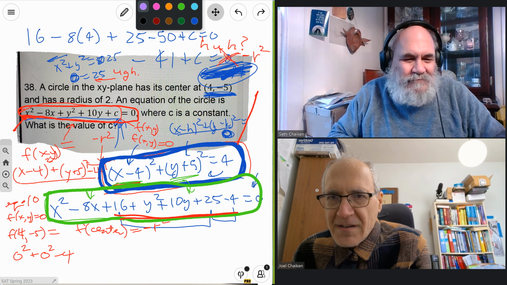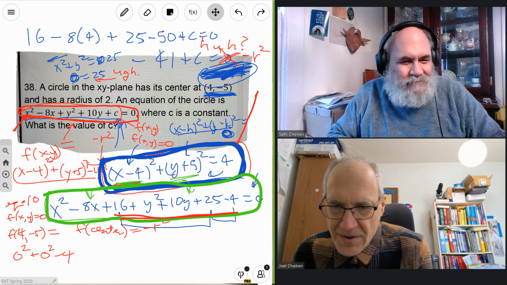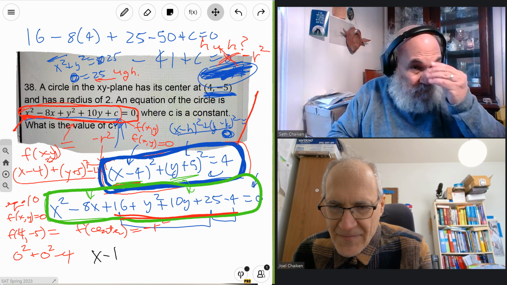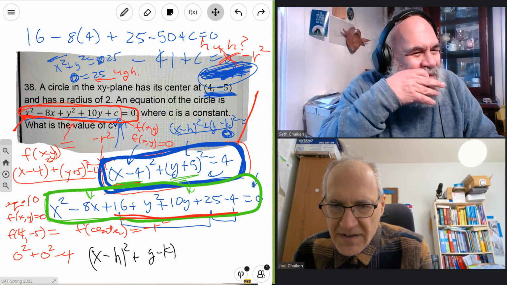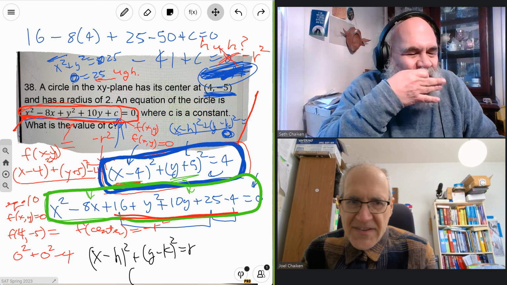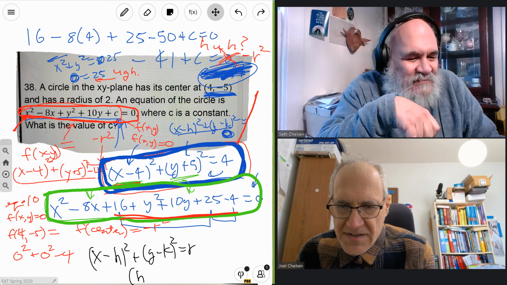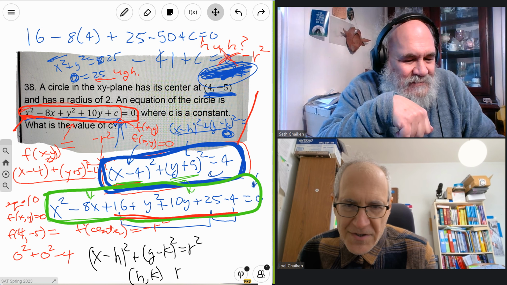The equation of a circle is (x minus h) squared plus (y minus k) squared equals r squared, where the center of the circle is (h, k) and r is the radius.